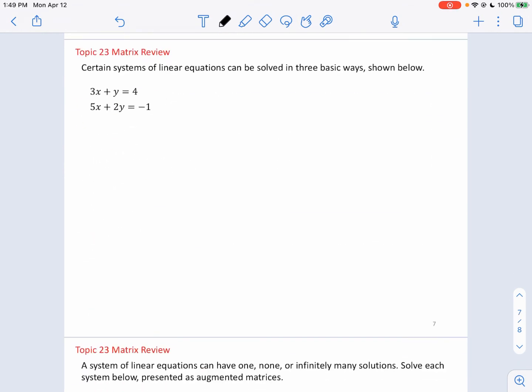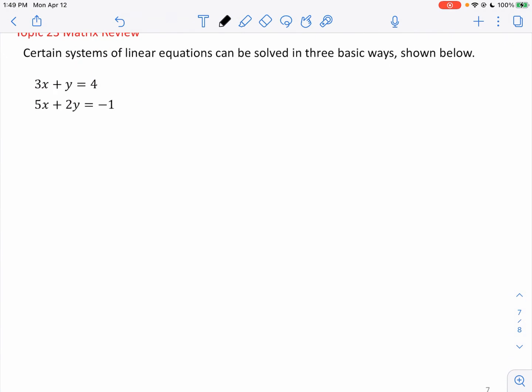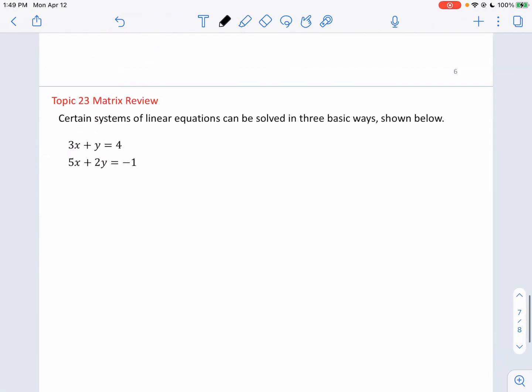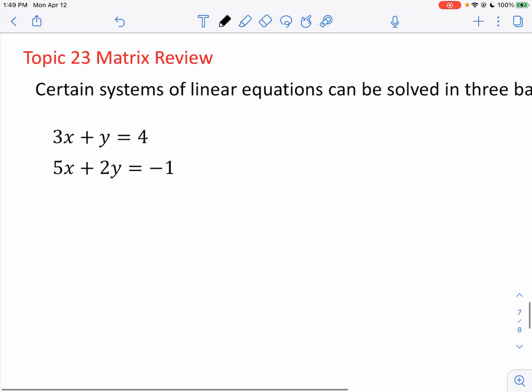Now, certain systems of linear equations can be solved in 3 basic ways shown below. So this is a system of 2 equations. They're linear equations because it's x to the first and y to the first. And we have 2 equations, 2 unknowns. One way to do this is without using any matrices at all. You can just do substitution and/or elimination. For example, if I do substitution, I would maybe solve this first equation for y and then substitute it in for this y and then solve for x.